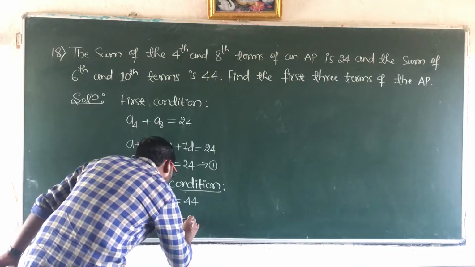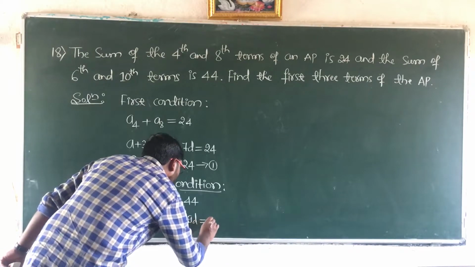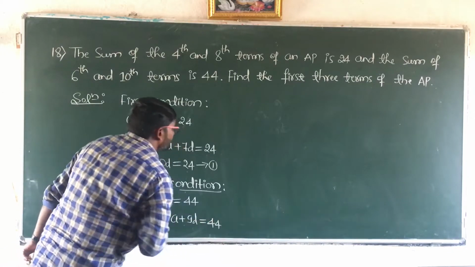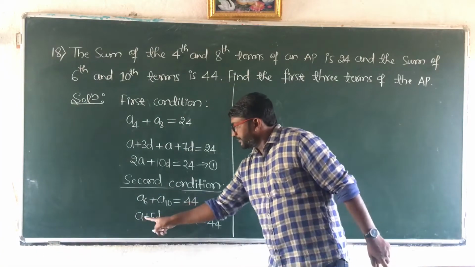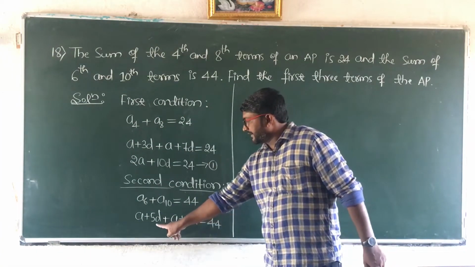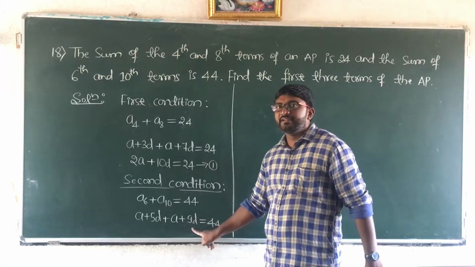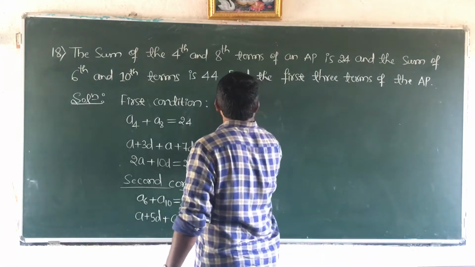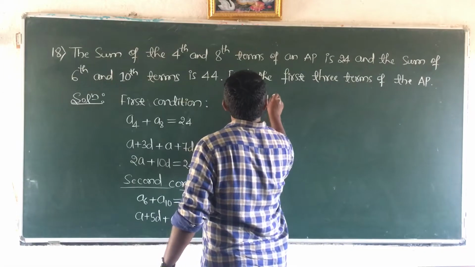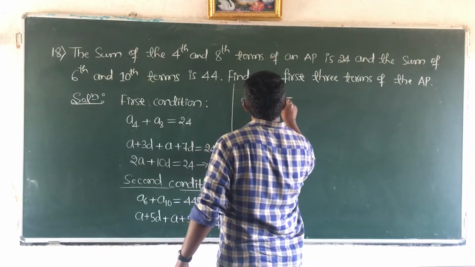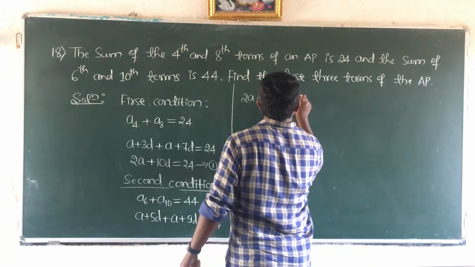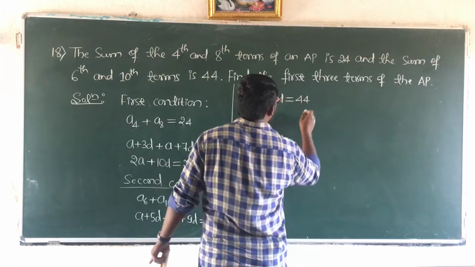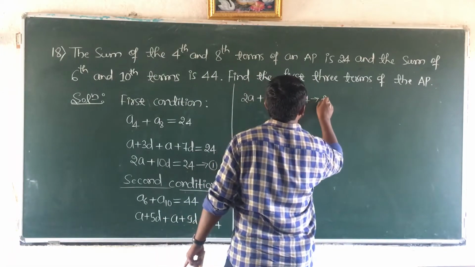A plus 5D plus A plus 9D is equal to 44. A plus A is 2A, 5D plus 9D is 14D. So 2A plus 14D is equal to 44. I call this equation number 2.